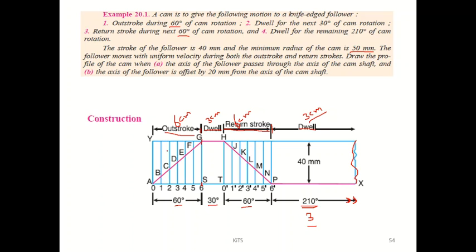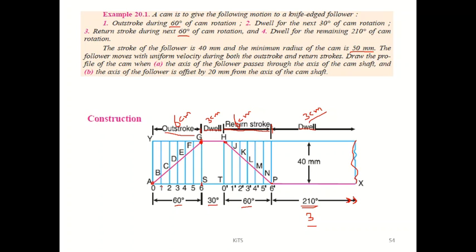Now connect this 0 and this 6 with a line. This first line is 0.